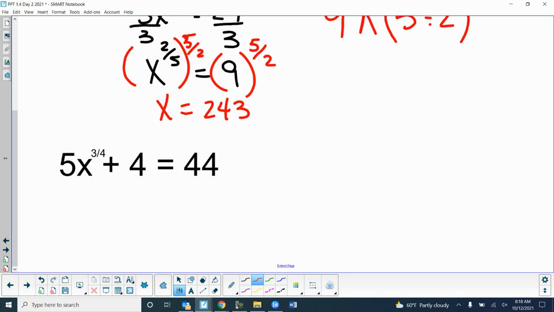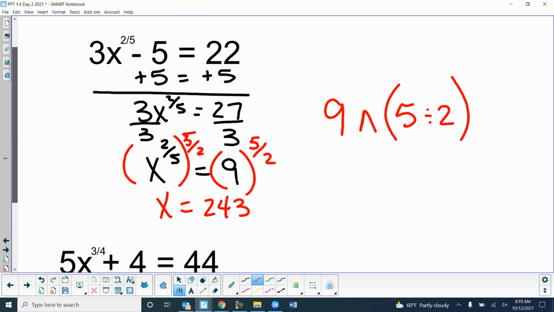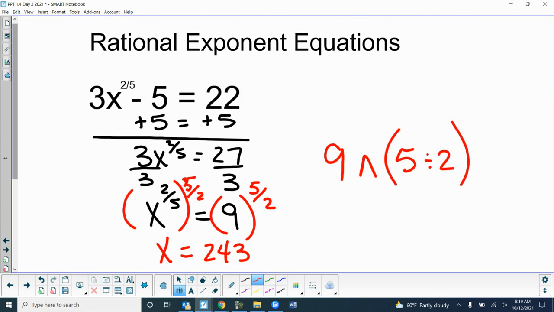Okay, so this one, what are we going to do first? Oh, I forgot something too. If the exponent is even, and what you look at for even or odd is the numerator, so was this one even? Yeah.